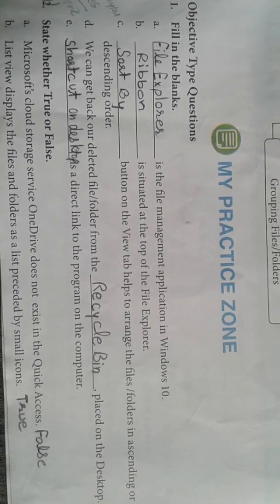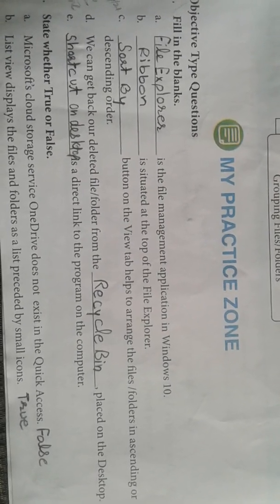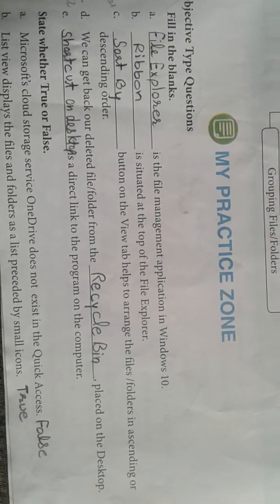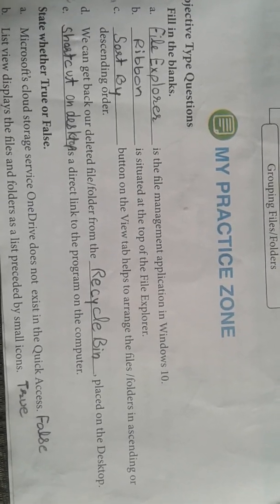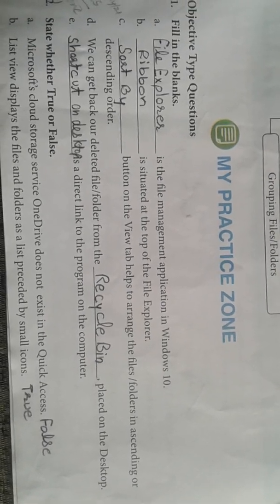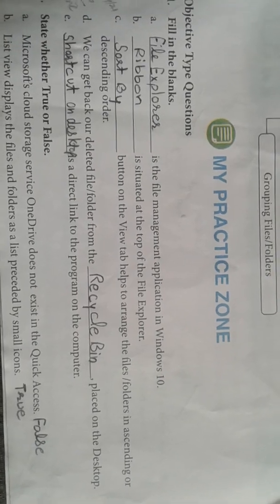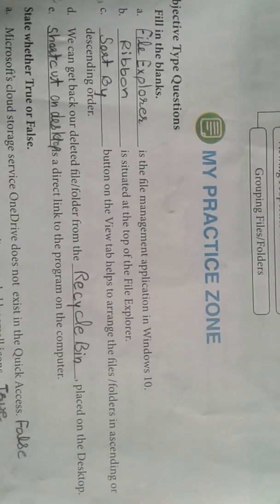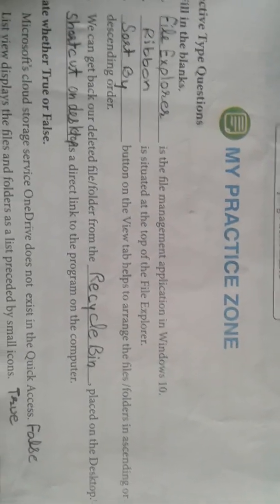The recycle bin gives us one chance to restore the files again in the system. And if we delete that particular file from the recycle bin also, then it's not possible to restore that file, right? So that's why we can get our deleted files or folders from the recycle bin placed on the desktop.